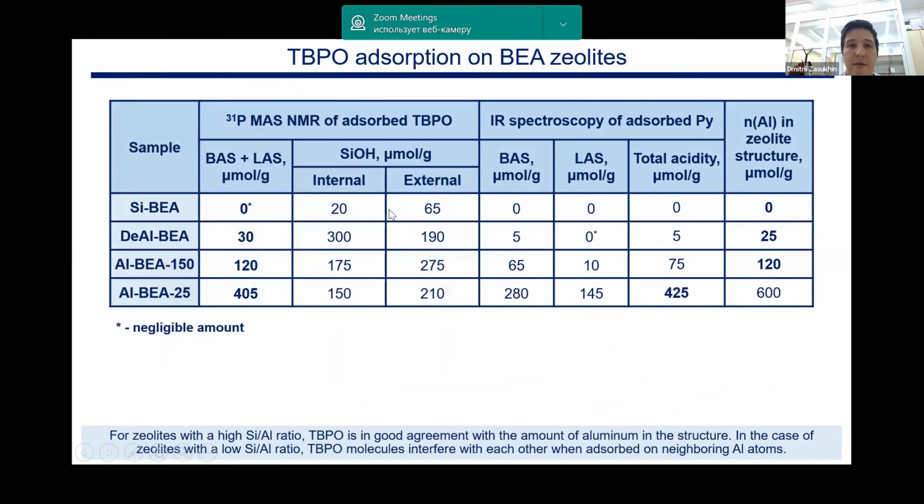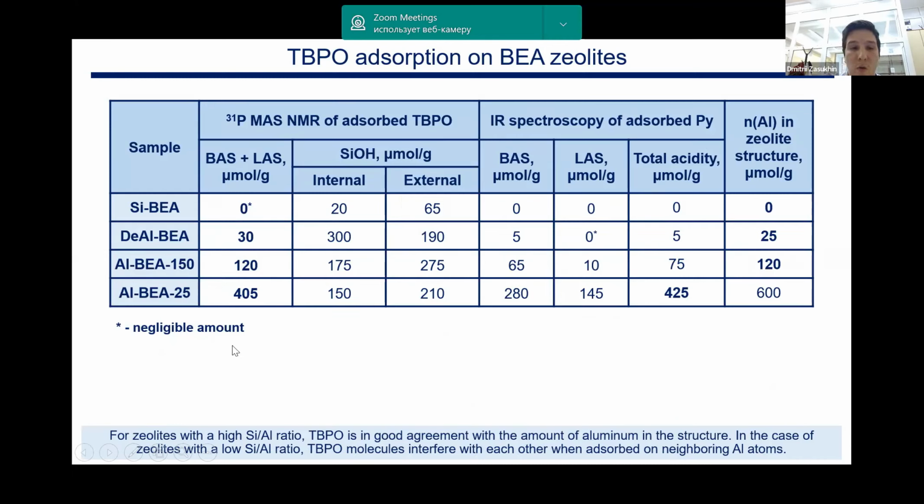And finally, we turn to quantification of the spectra. For samples of beta zeolite containing a small amount of aluminum, the results obtained correlate with the amount of alumina in the structure.